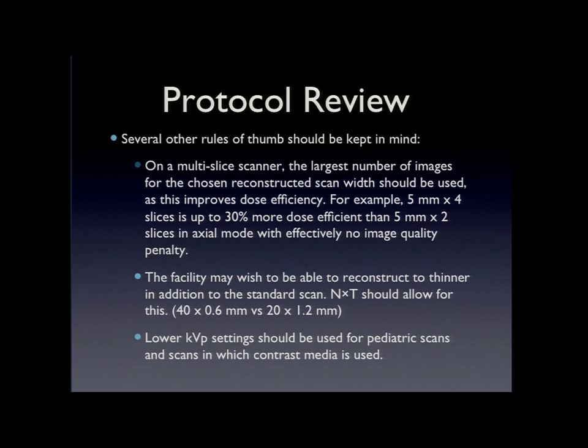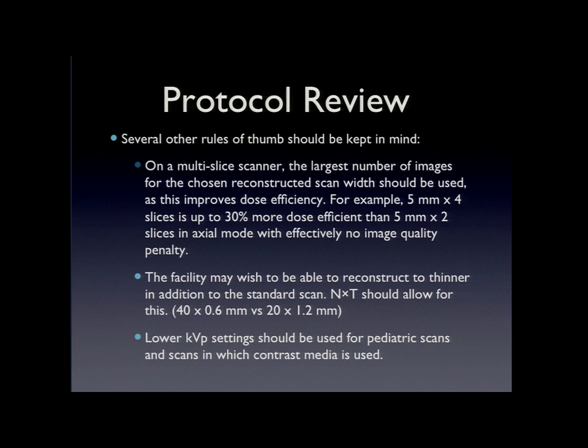Sometimes if you want to use smaller slices to reconstruct more images, if you're doing volume reconstructions, you can get the same detector radiation beam size, but using different detector combinations. For example, 5x4 millimeter slices can be 30% more dose than 5x2 millimeter slices. So you can change these to optimize.